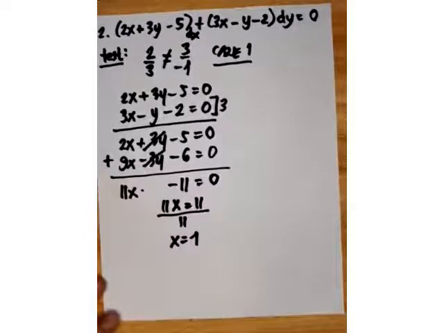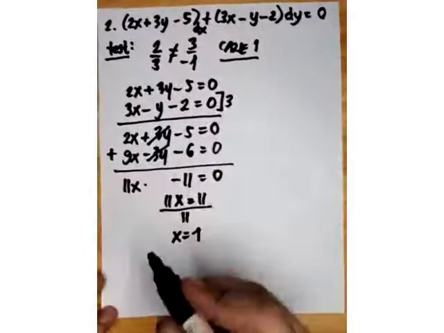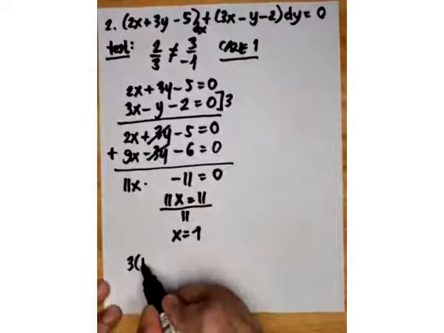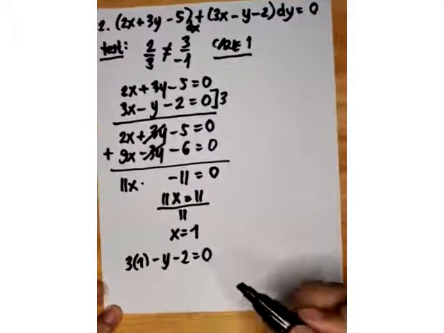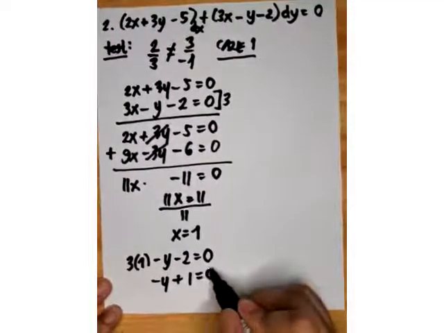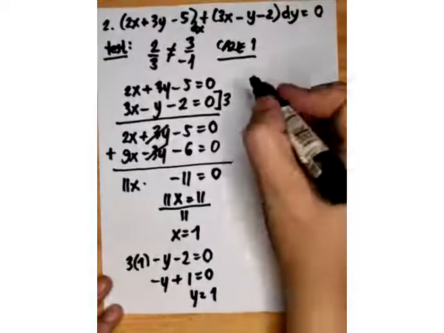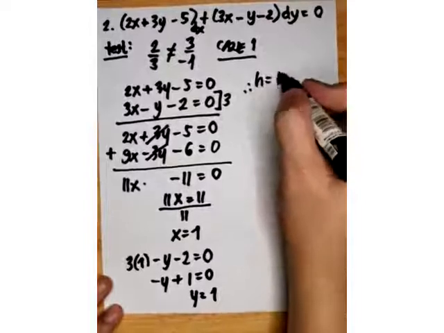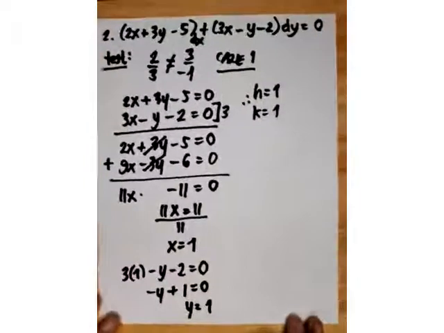Okay. So next one is, saan ko ba kukunin? So dito na lang sa second equation. So let's have 3 times 1 minus y minus 2 is 0. So negative y plus 1 is 0. So y is equal to 1. Okay. So therefore, h is 1 and then k is also 1. Okay, tama ba?